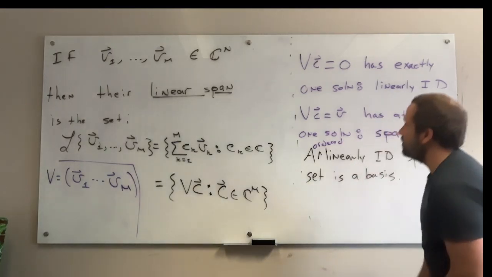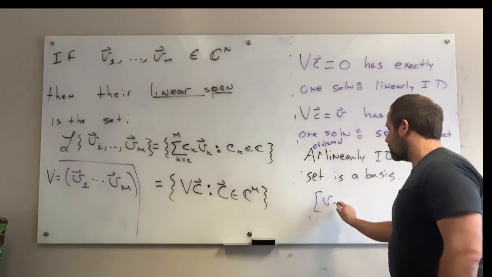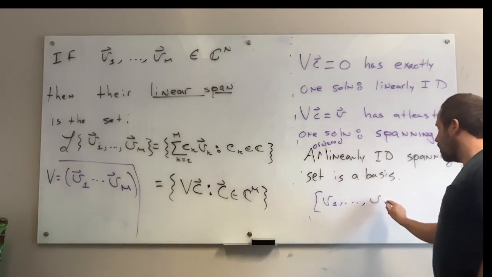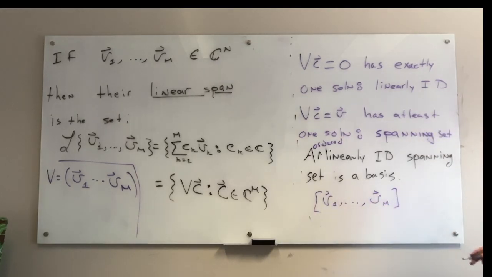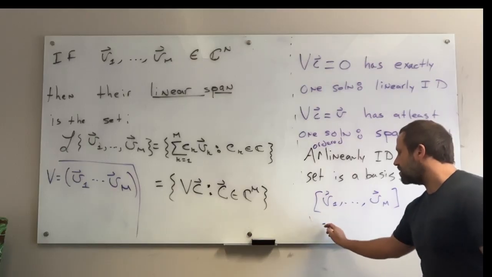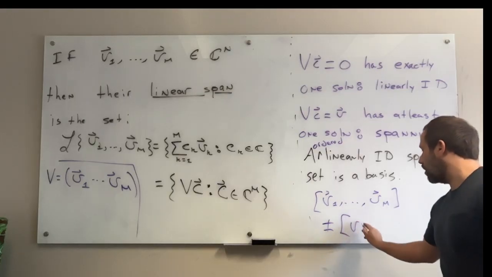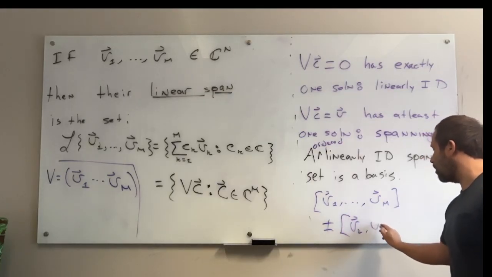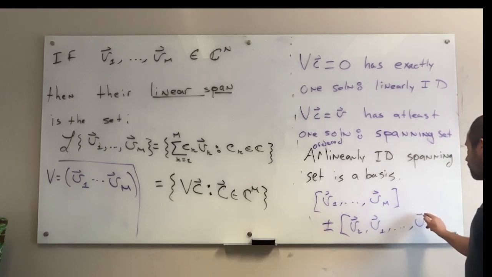For that reason, instead of using curly brackets for a basis, a lot of times we'll write v1 through vm with square brackets. In a strict sense, it is not equal to v2, v1, up to vm.